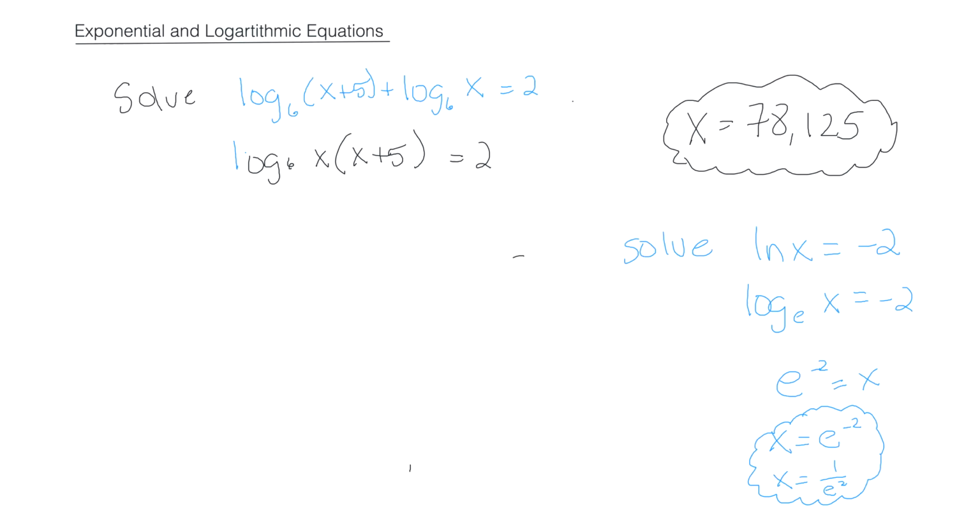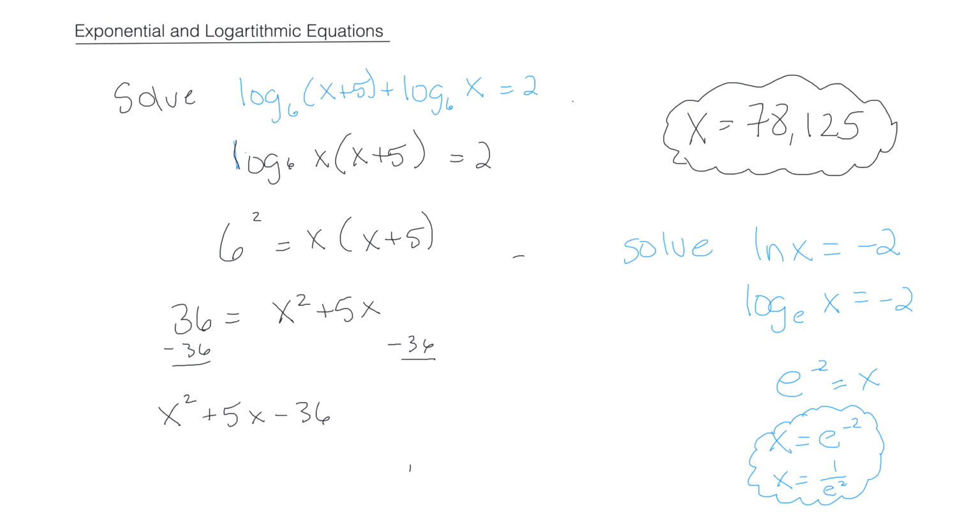Base to the exponent equals answer. So base 6 to the exponent 2 equals answer. So 36 equals x squared plus 5x. So minus 36 on both sides. X squared plus 5x minus 36 equals 0.